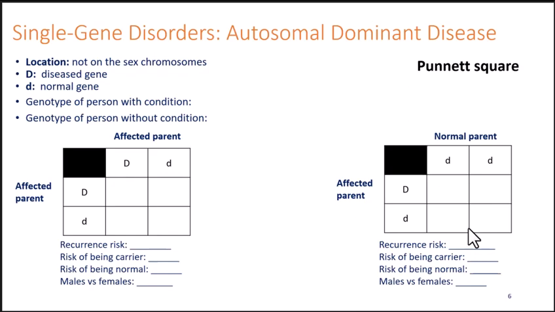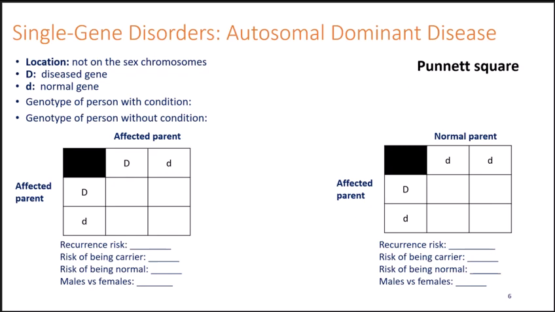So we're going to learn first how to fill in these charts, and then we're going to be looking at how to come up with recurrence risk, risk of being a carrier, risk of being normal, and whether or not males or females are more affected. So we're going to go through a number of these examples.